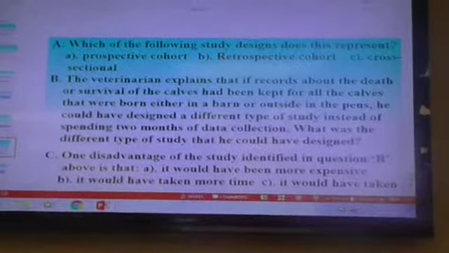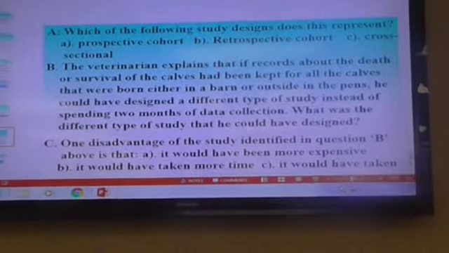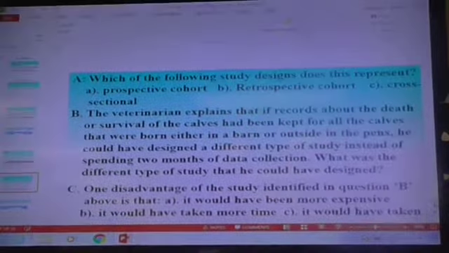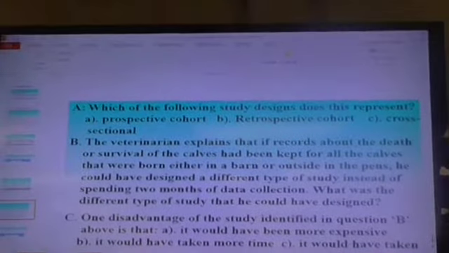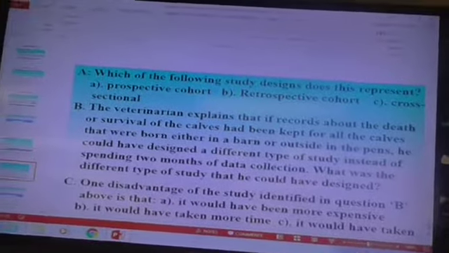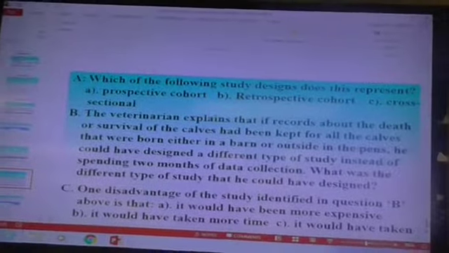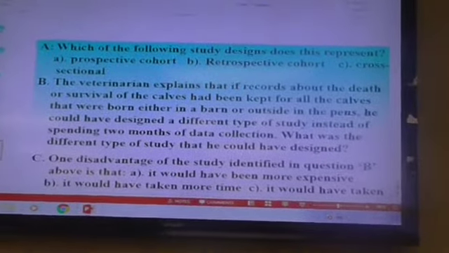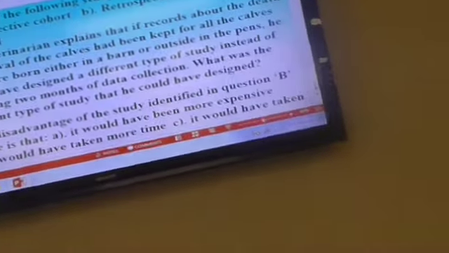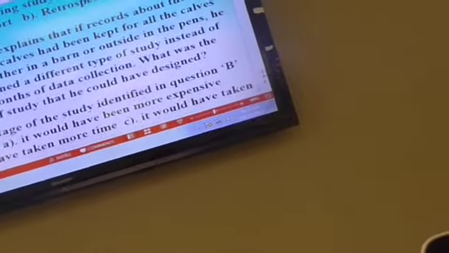That's the problem I saw with the one that I just returned to you. Some of you said observational, and there's nothing wrong with that, but the information is very clear, so from the observational you have to pick the one that is very specific.